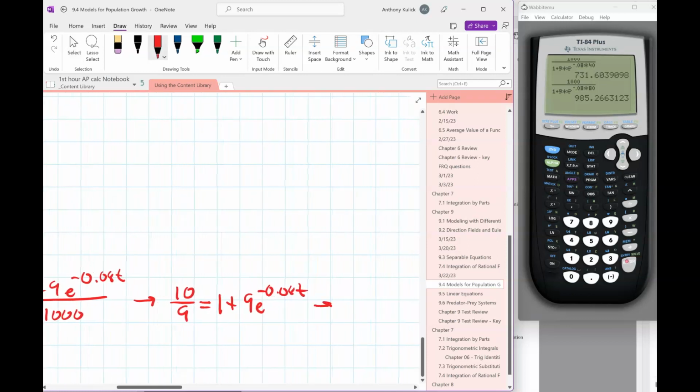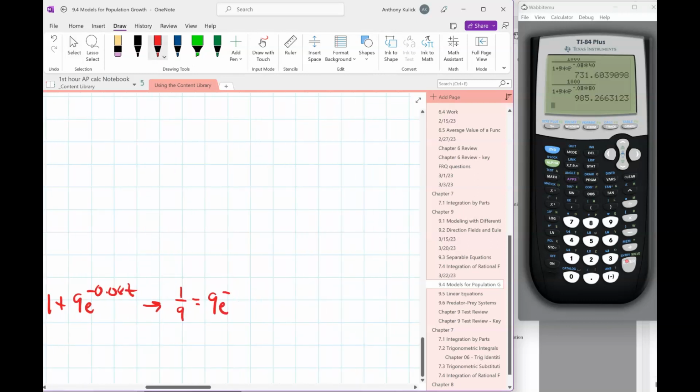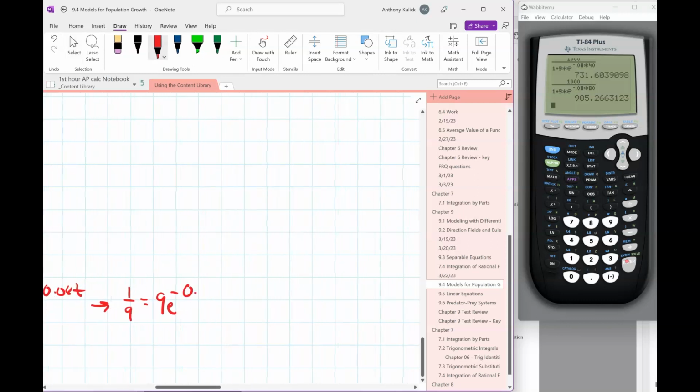And we'll subtract 1 from both sides. So 10 over 9 minus 1 is just 1/9. I'll divide both sides by 9.